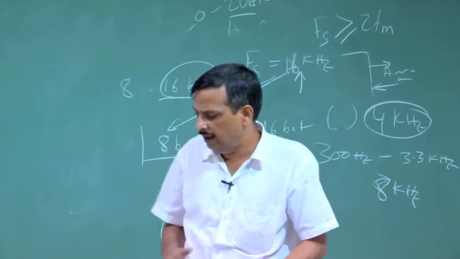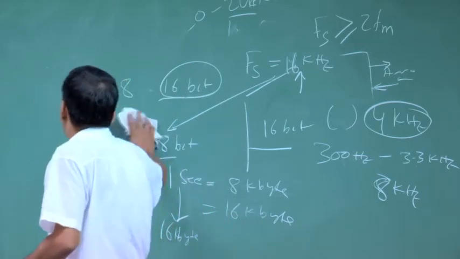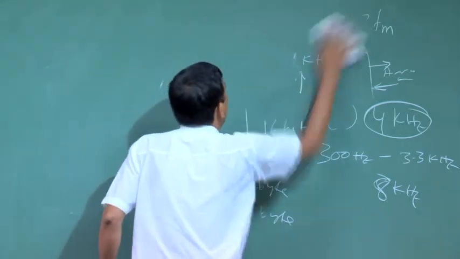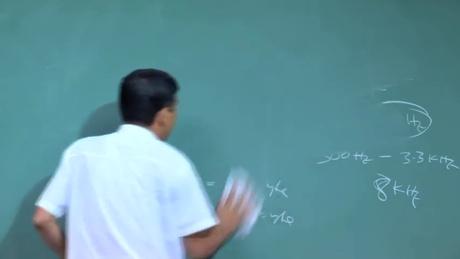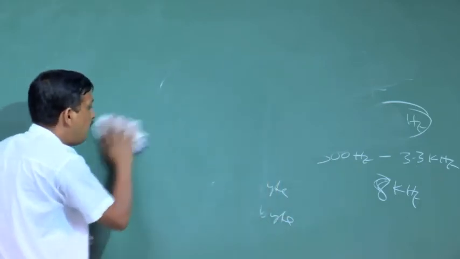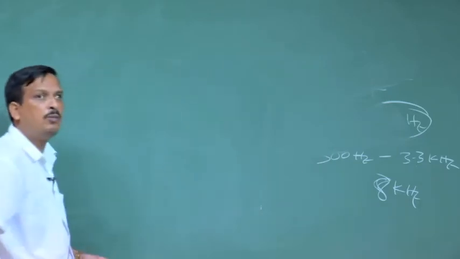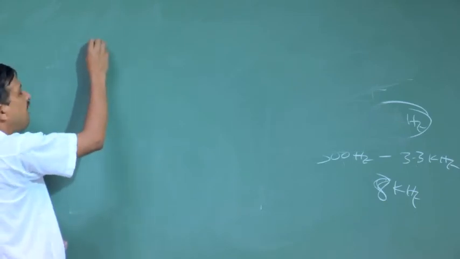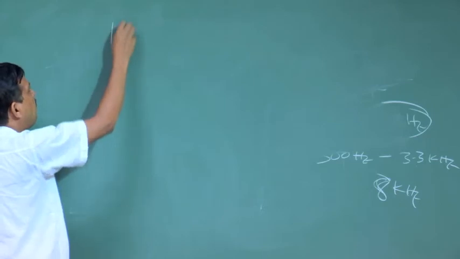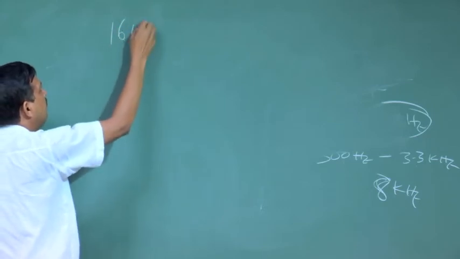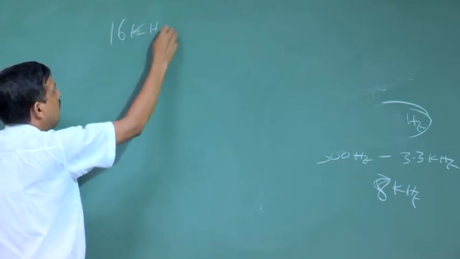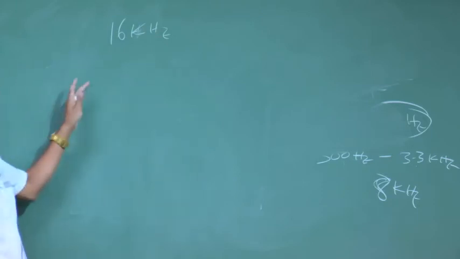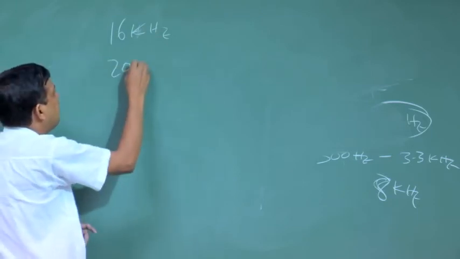Okay. Similarly, there is another conversion I should teach here. Number of samples to time conversion is very important. Suppose I have a speech signal whose sampling frequency is 16 kilohertz. How many samples will there be within a 20 millisecond signal?